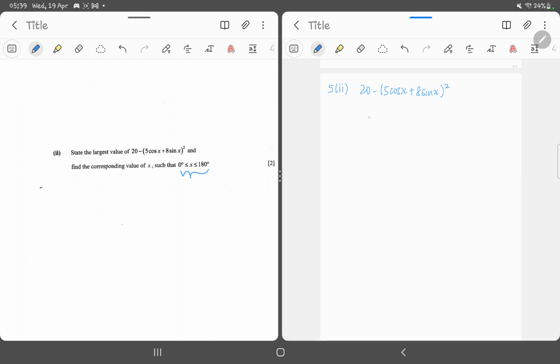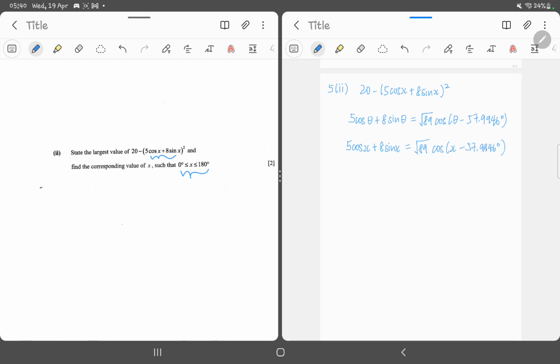Earlier we deduced that 5 cosine theta plus 8 sine theta equals square root 89 cosine theta minus 57.9946 degrees. So let's replace all the theta by x: 5 cosine x plus 8 sine x equals square root 89 cosine x minus 57.9946 degrees.